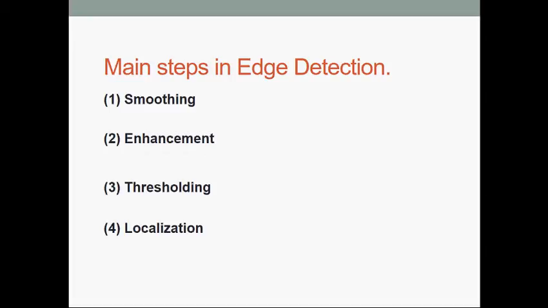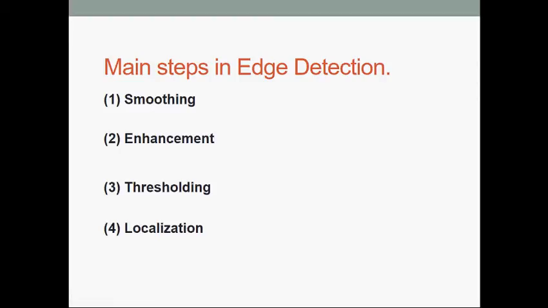So the operator gets confused about which one is an edge and which one is noise, and it detects the noise as an edge. In order to avoid these situations, we have to first smooth out the noise, if an image has any, by using some denoising filters.